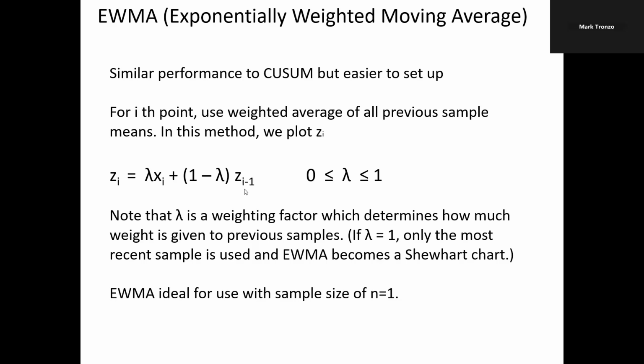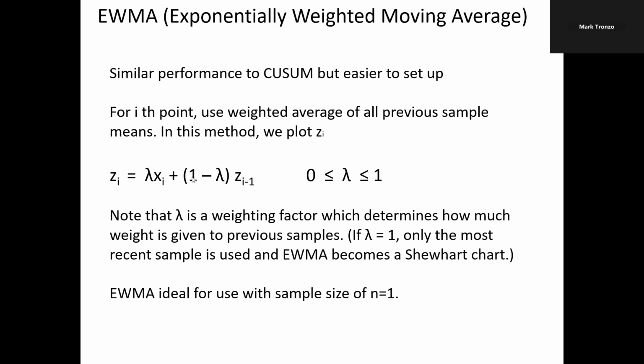So this gives you an idea how much the previous point will be in the now, I shouldn't call the Z the sample, but a weighted average of all the samples so far. If you want just the current sample taken into account, then you would make lambda equal to 1.